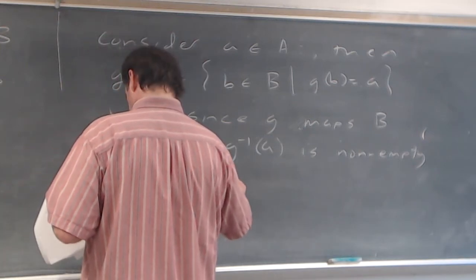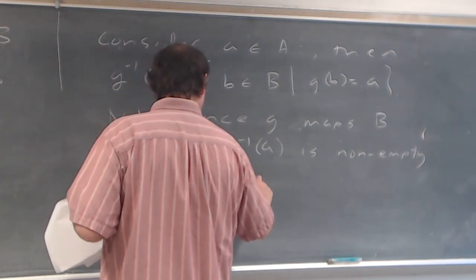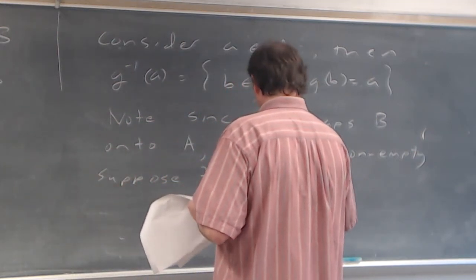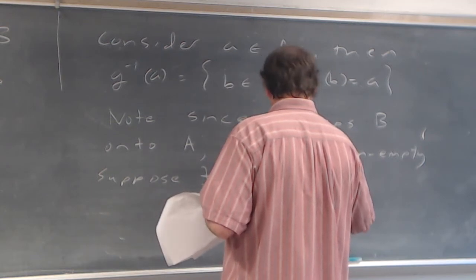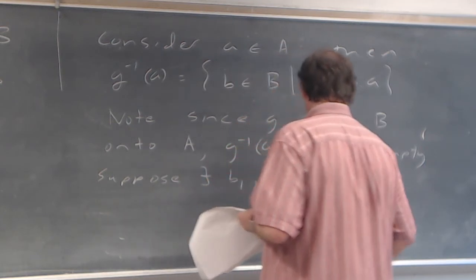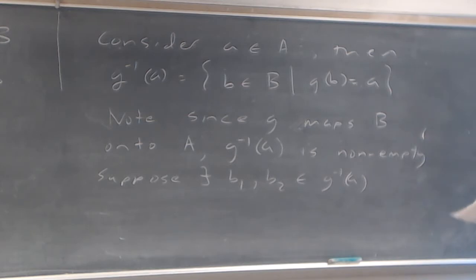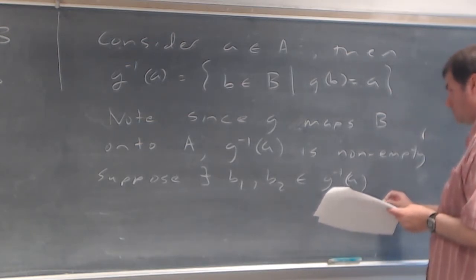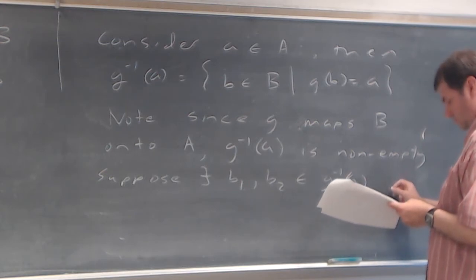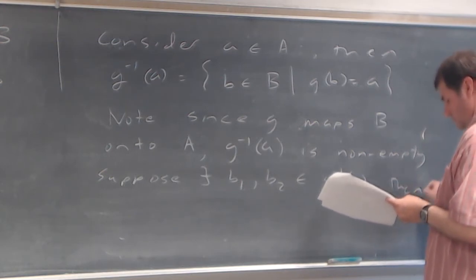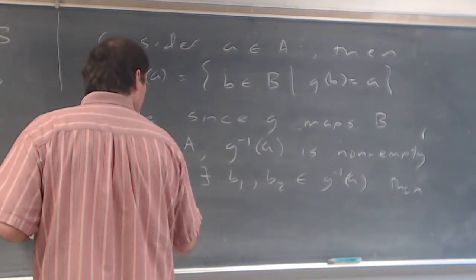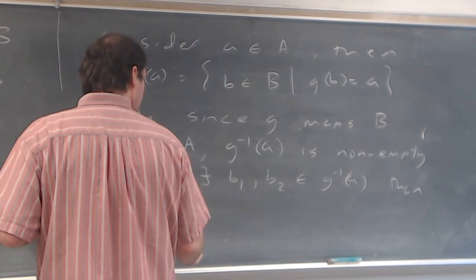Now, if we suppose there exist B1 and B2 elements of this inverse image of A under G, then, what does this mean?